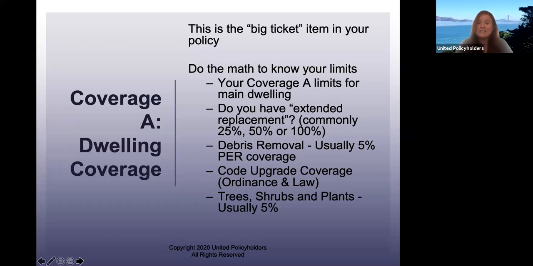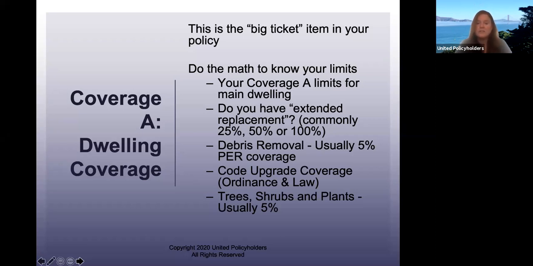Extended replacement cost is basically a second coverage. It's a second coverage limit on your coverage A dwellings. It's usually expressed as a percentage: 25, 50, 100. I've seen some policies that have 200%, which is amazing.